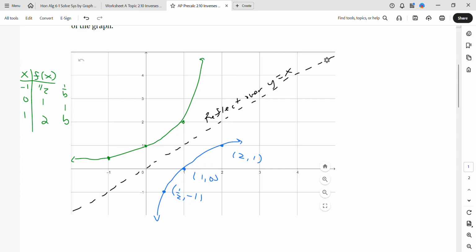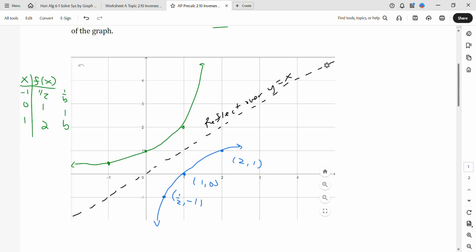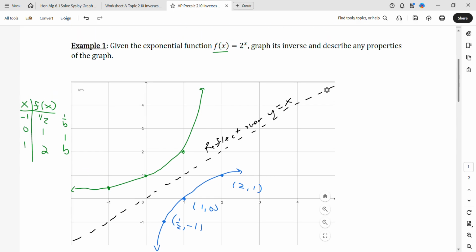Now, let's think about what this function is algebraically.